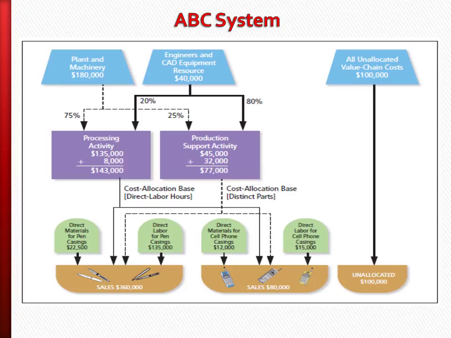20% of the engineer's time is spent actually involved in the processing of products. And so we see 20% of that cost assigned to the processing activity. Now, to clarify, we could have some indirect costs that are assigned to one and only one activity, and we would certainly have many other costs.